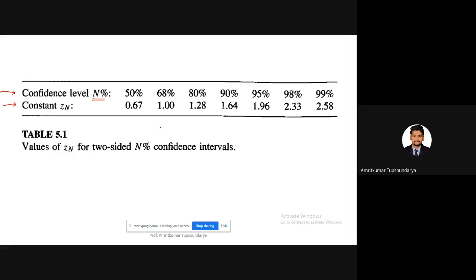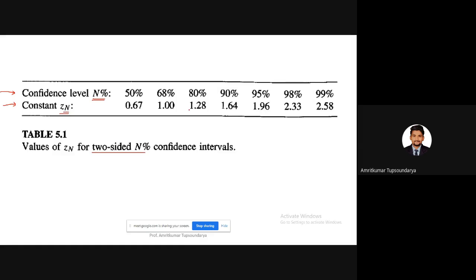This is the table wherein the value of the constant Zn is given for two-sided n percentage confidence intervals. For example, for confidence level 50%, we have the constant 0.67. For the constant 1, we have confidence level 68%.